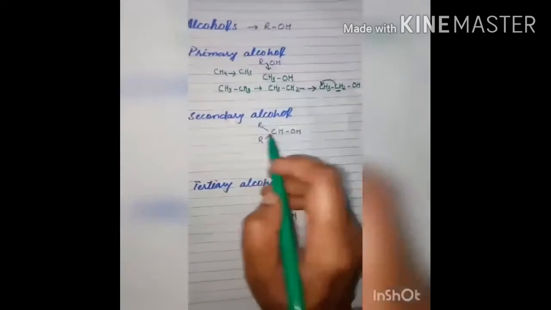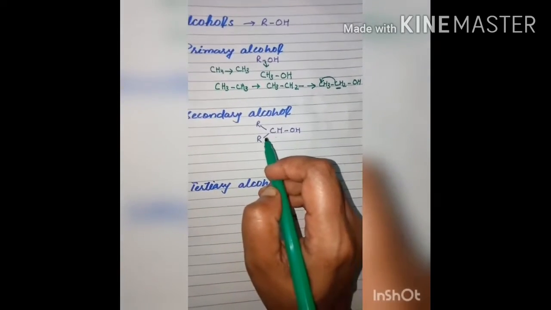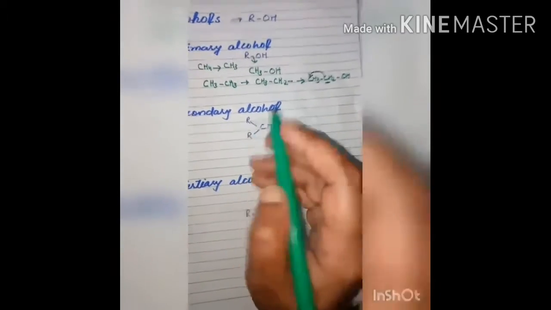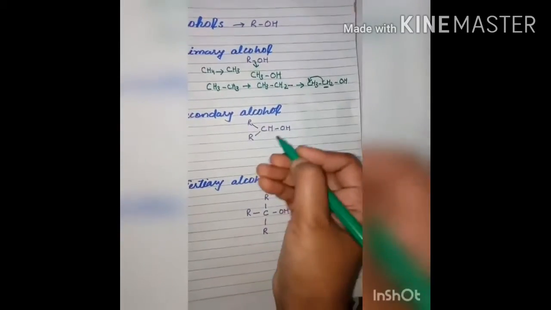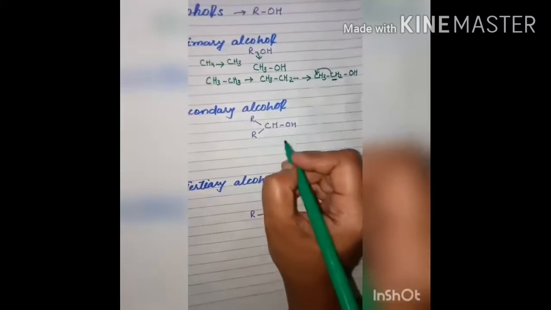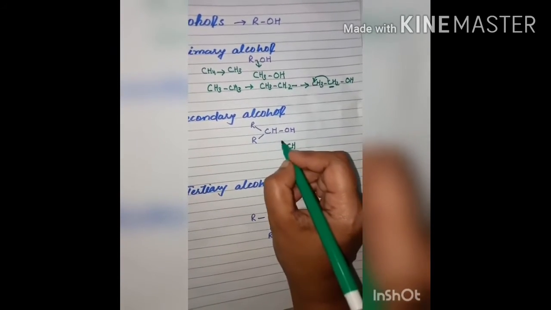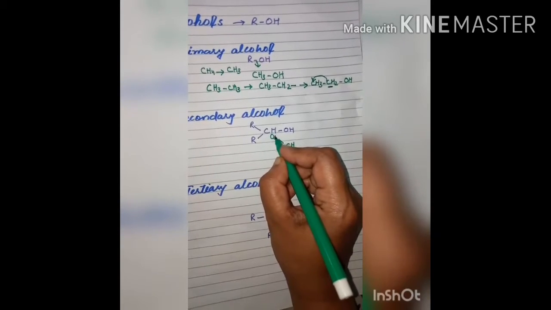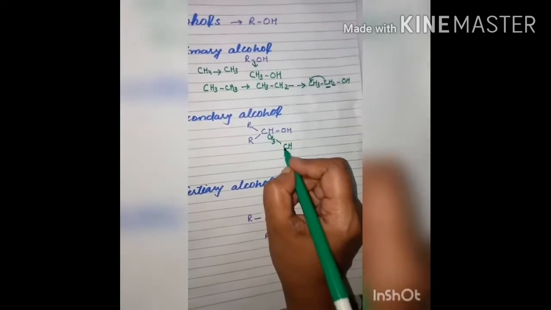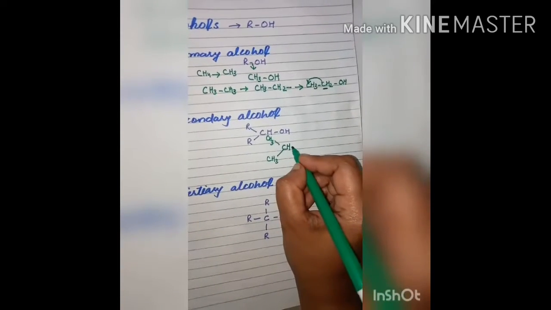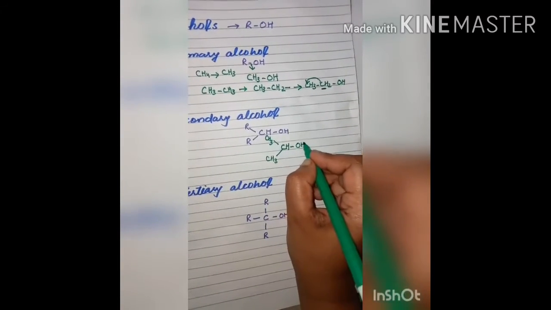Then secondary alcohol. See, the general formula for the secondary alcohol is CHRR, which means the alkyl radicals may be methyl, ethyl, butyl, whatever. So we can write it with methyl: CH, here the CH3 group, here one more CH3 group, and then for alcohols it is OH.